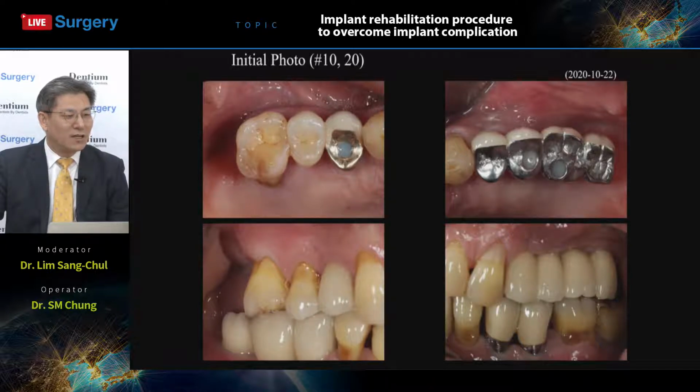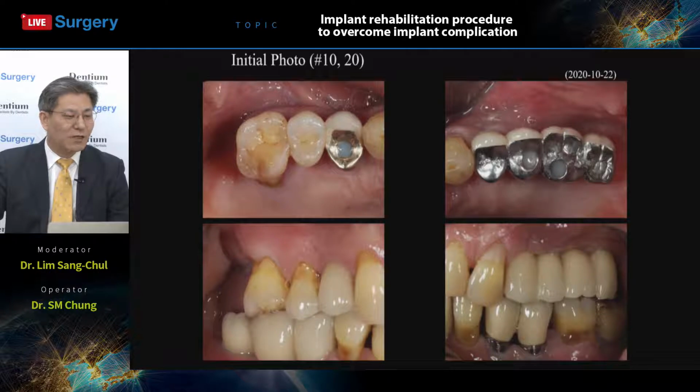As you can see, this 4-unit splinted implant-supported superstructure is in poor condition because of the embrasures and some shapes, and the health of the periodontal tissues is not good, so it should be removed, checked again, and the fixtures removed.